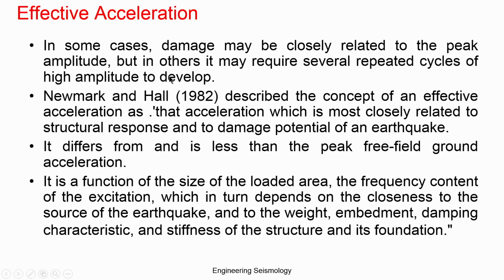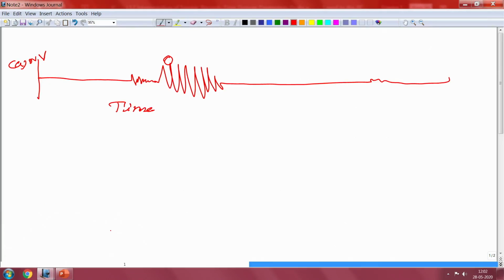What it means is, we have a record where this is the peak, the highest among all. But you can also see, very closely in this record, that even though this peak is slightly higher, there are other components of the waveform, this one, this one, this one, which are slightly less than the peak but occur several times.